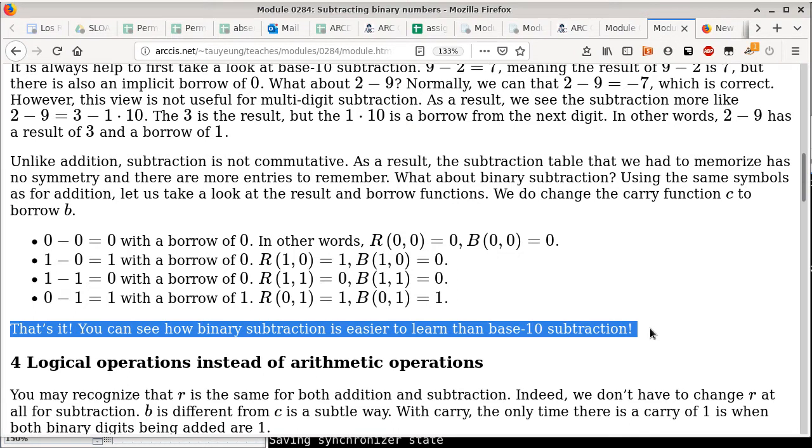But in base 10, how many items do you have to memorize, even if you ignore the so-called trivial cases? The trivial cases would be something minus 0, and something minus itself can also be considered trivial. You still end up with a pretty large number of cases that you actually have to memorize in base 10.